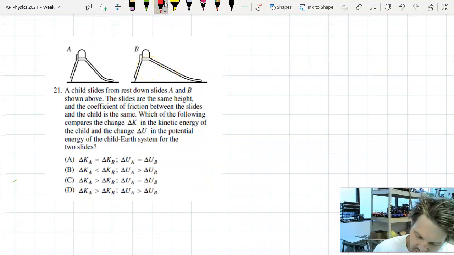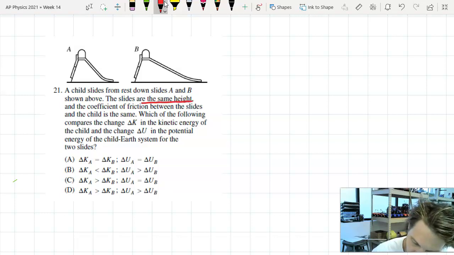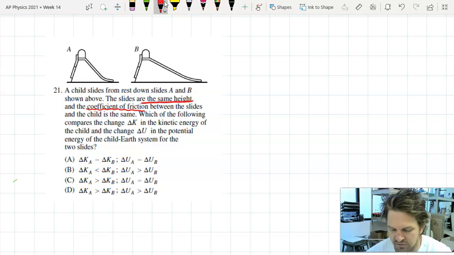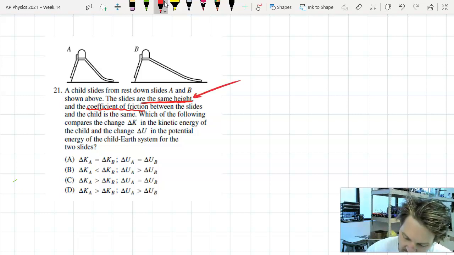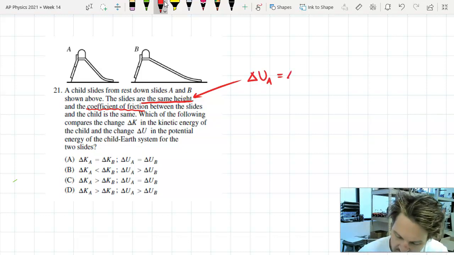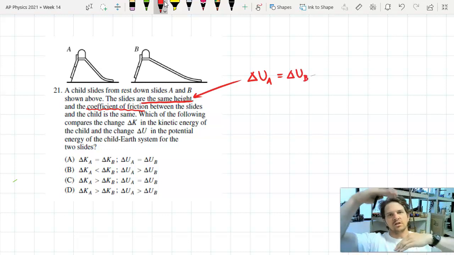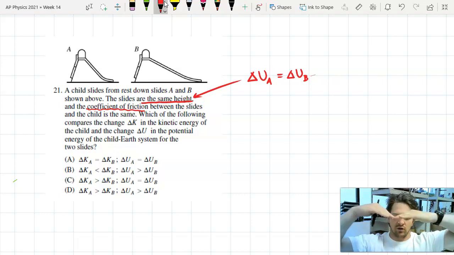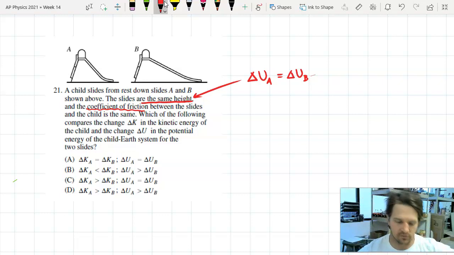Number 22. A child slides from rest down slides A and B. The slides are the same height, right? There's friction because there's a coefficient of friction. Which of the following compares the change in kinetic and the change in potential? Well, right away, same height tells me that the change in potential energies for both the slides is the same, because it's going from the same gravitational potential energy of whatever height it's starting at down to the ground, 0.